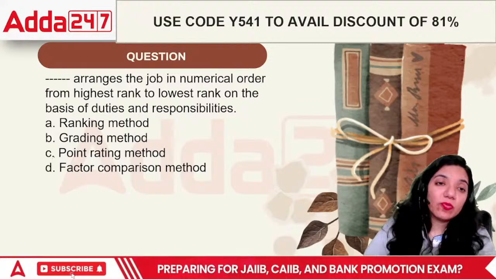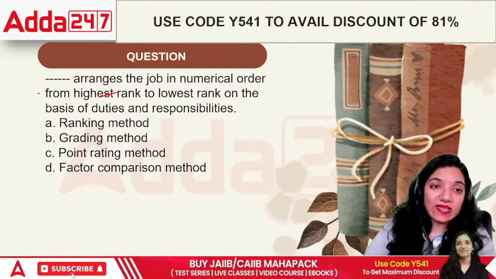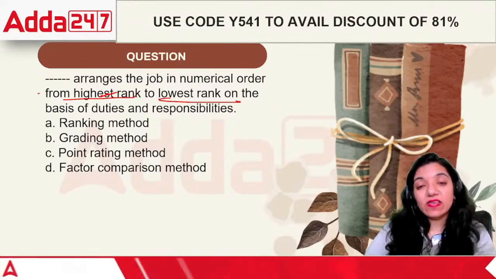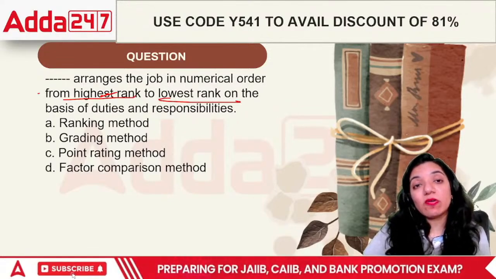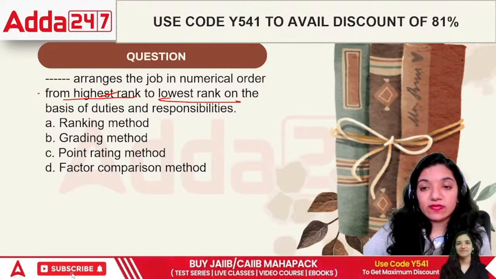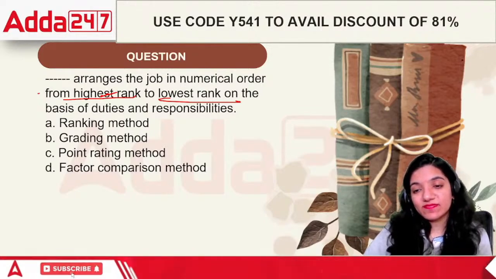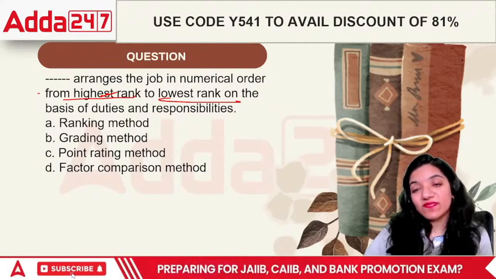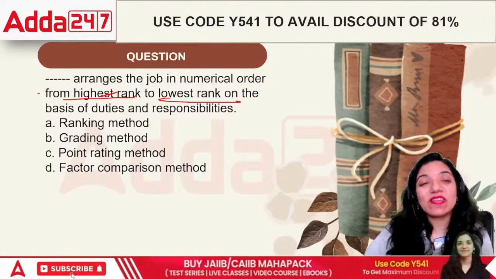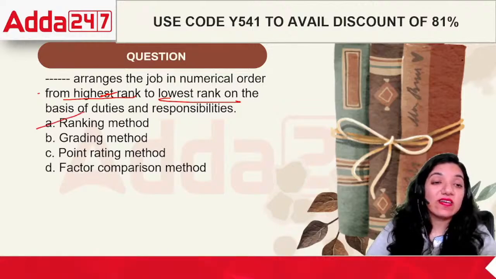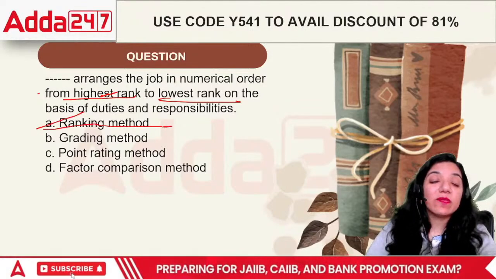Putting people into different ranks, from the highest rank to the lowest rank, is given in the question itself. So the correct answer would be the ranking method. Since we are putting people into a specific sequence, it's called the ranking method.